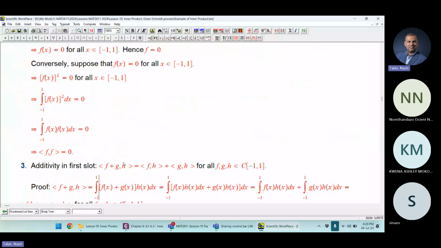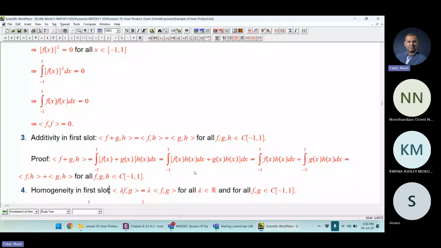Moreover, one can also check the property of additivity, that it fulfills this condition: the inner product of f plus g with h is equal to the inner product of f with h plus the inner product of g with h, for f, g, h coming from the space of continuous functions defined from -1 to 1.